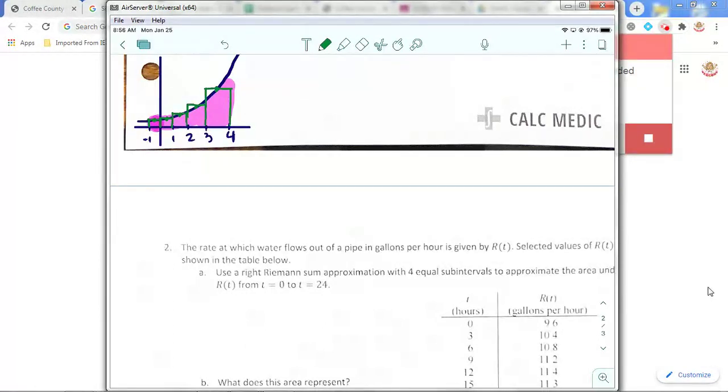Now we can't really figure out over or under with midpoint because some of our rectangle is above and some of it is below, so it kind of averages out.